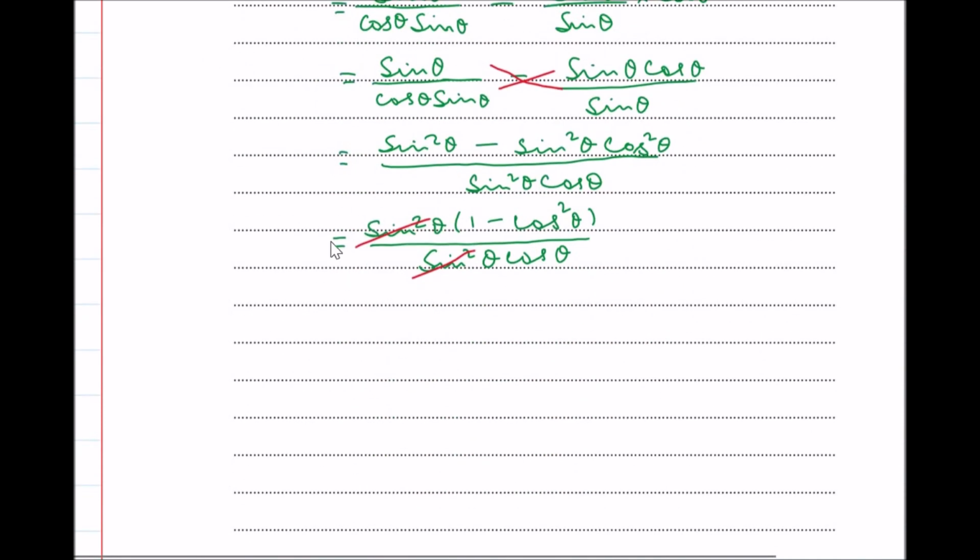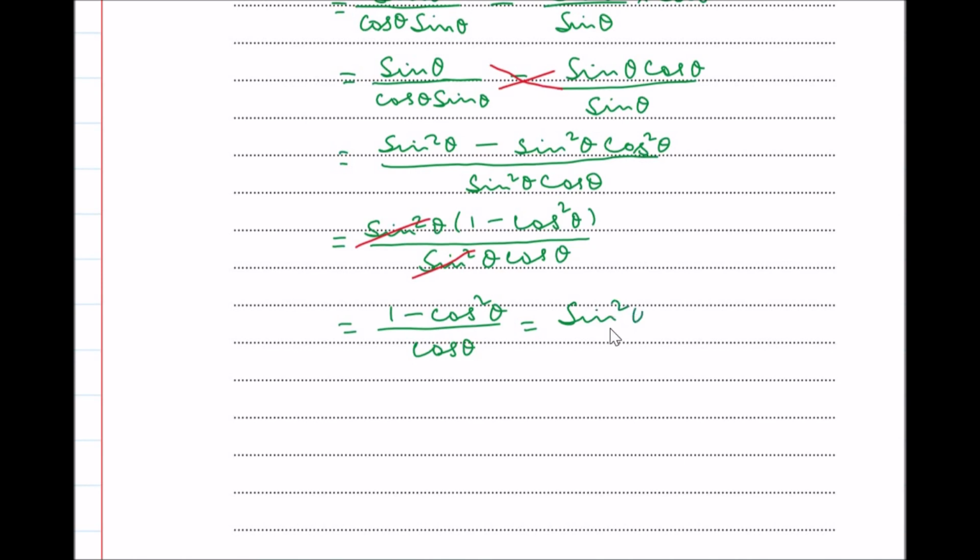So we are left with 1 minus cos square theta divided by cos theta. And 1 minus cos square theta is sin square theta divided by cos theta.